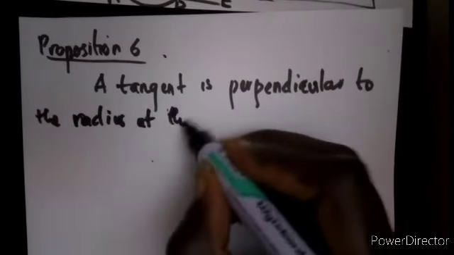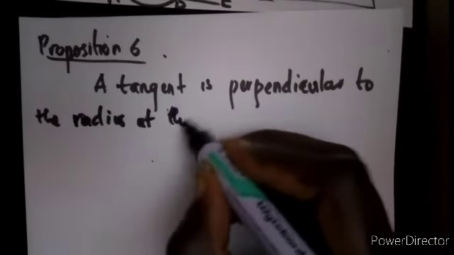That is, if you consider this circle, this is the center. Now this is the radius.